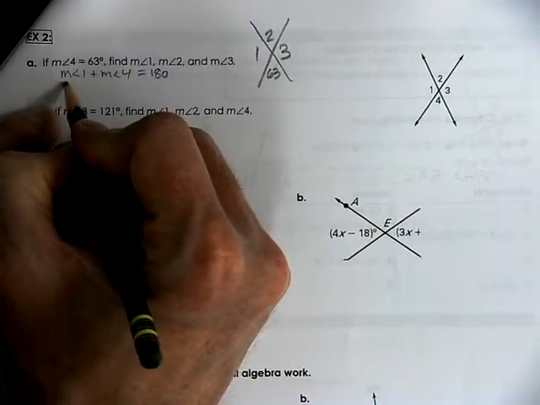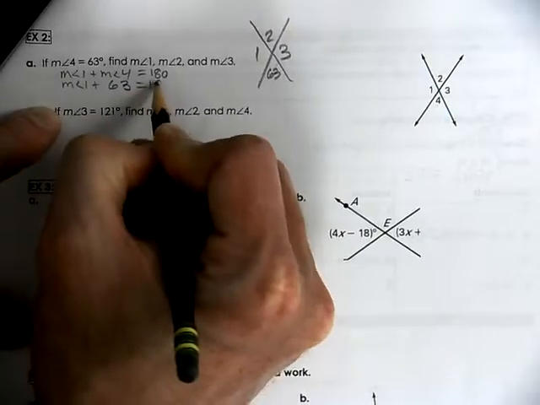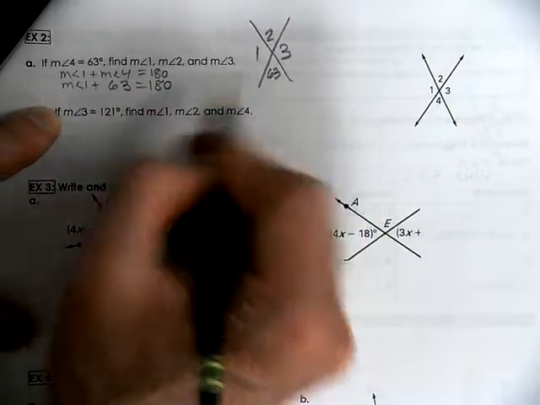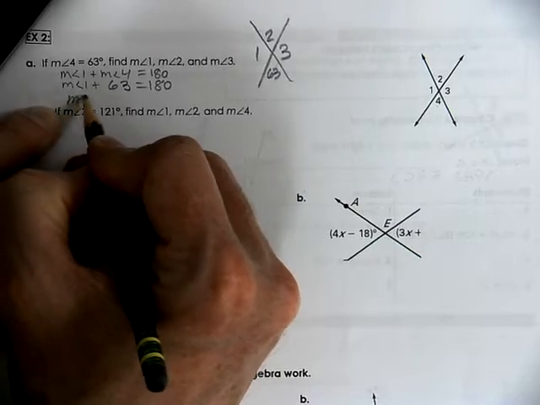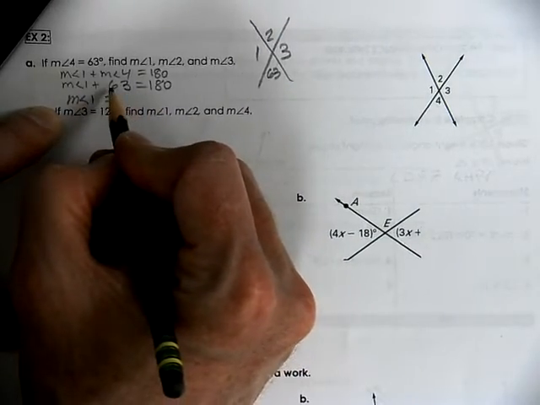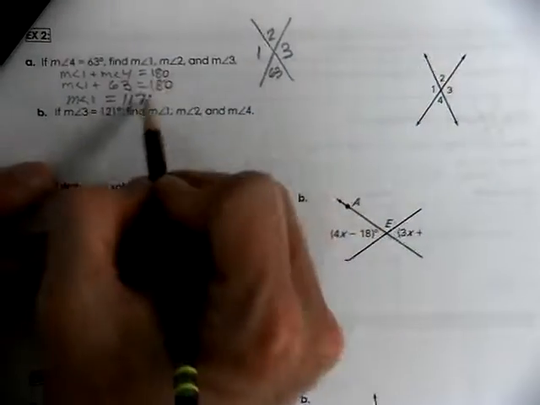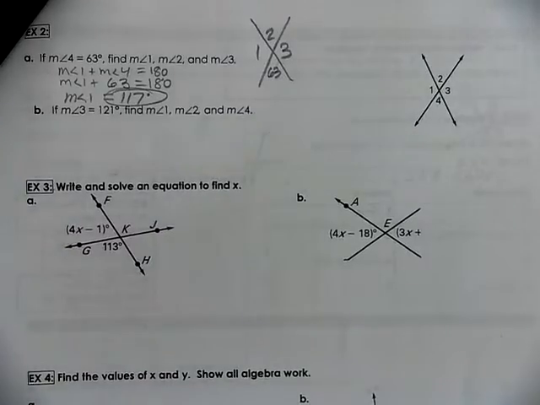Then we're substituting, like we did in yesterday's notes, we're substituting in the 63. Then we can subtract across the 63 and we get 117 degrees. So angle 1 is 117.